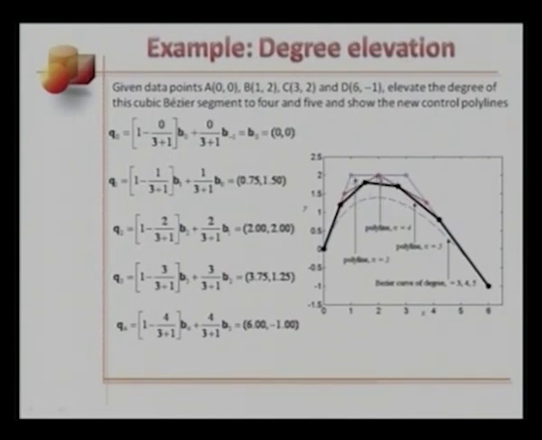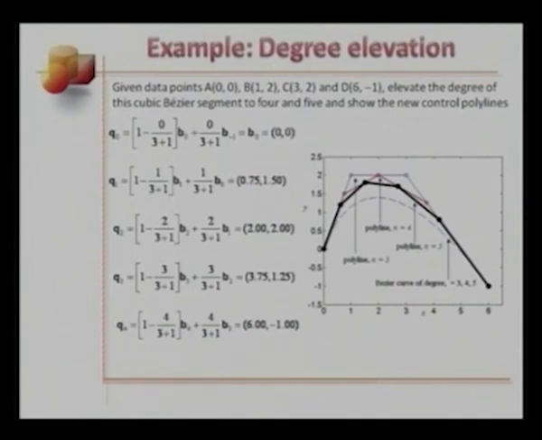The red one, with 1 degree higher, is a little close. The black one, with 2 degrees higher, as opposed to the blue control polyline, is even closer. And if I keep on raising the degree, I'll get closer and closer to this curve. Of course, again, without changing the shape of the original Bezier curve.